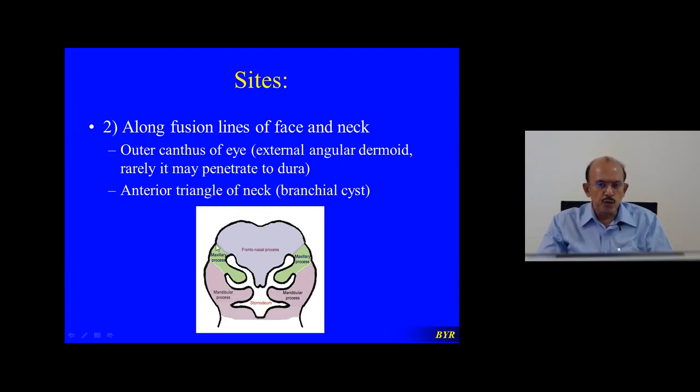So at their union places, there can be development of the sequestration dermoids. So just now we have seen wherever two embryonal tissues join together, the epidermis gets buried and may form into a dermoid.